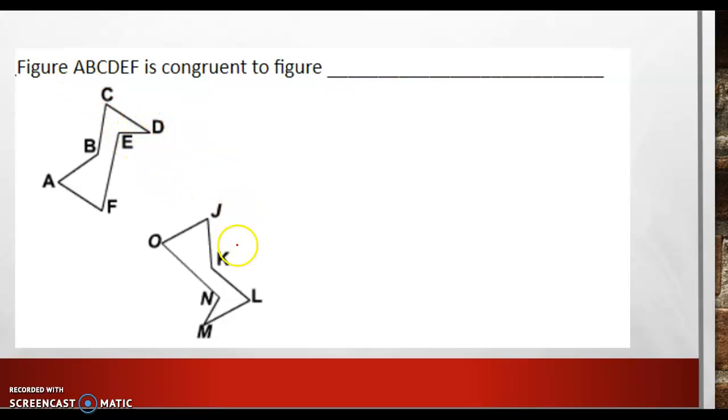If I stack these on top of each other, I would get J. A and J would be my corresponding parts. And then B would correspond with K, and then all the way around the figure. So figure ABCDEF is congruent to JKLMNO.